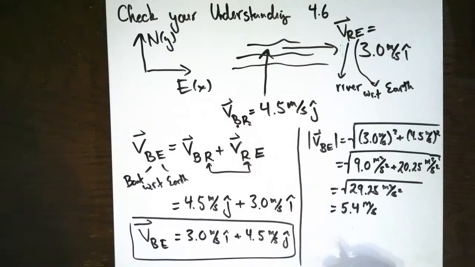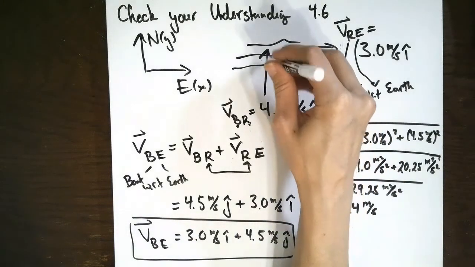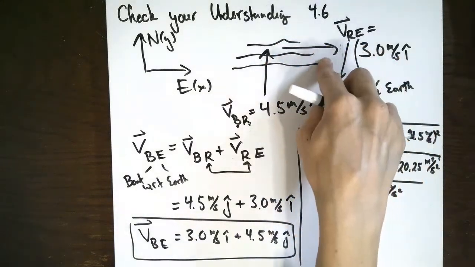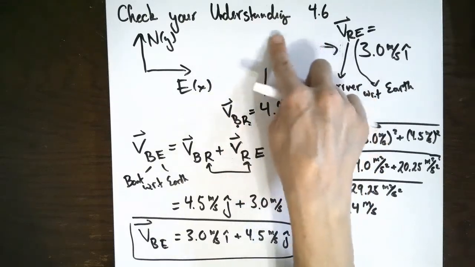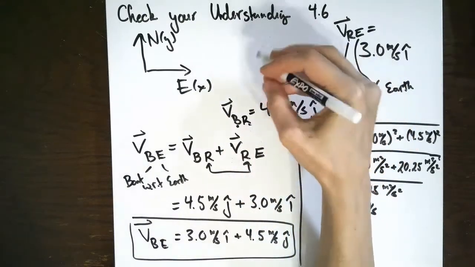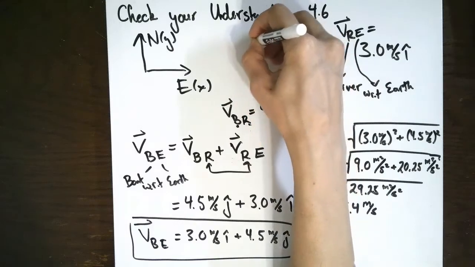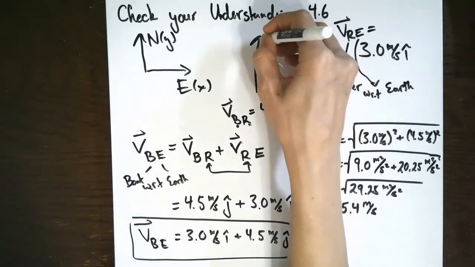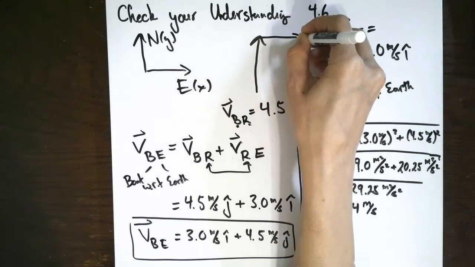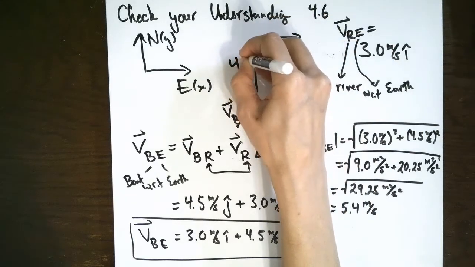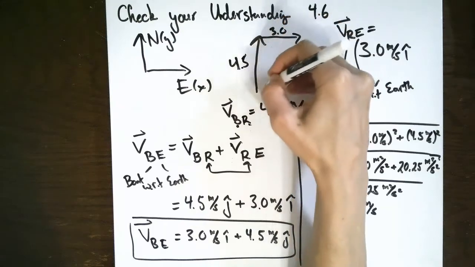So there's the speed. If we would also like to figure out what direction it's going, well, it was going north and east. If we erase the river here and draw our arrows to scale: 4.5 meters per second to the north, 3 meters per second to the east.